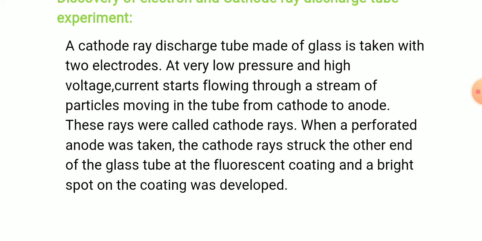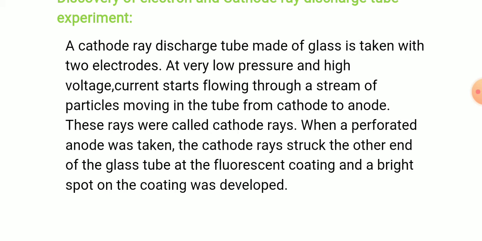If you apply a high voltage difference between the cathode and anode, you will see a current flowing, or a light, a stream of particles moving in the tube from the cathode to anode, and these rays were called cathode rays. Which scientist did this experiment to discover the electron? J.J. Thomson. You have to remember.